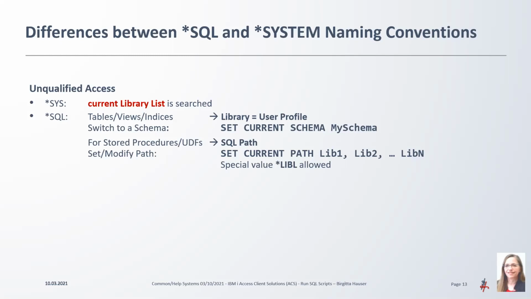So that means if we are working with SQL naming conventions, we can only access tables and views in a single schema. If we have multiple schemas, that means if we have a part in the master library and the other thing in the accounting and the other table is somewhere else, we can use objects in one library unqualified, and all other objects, tables or views, we have to qualify them.